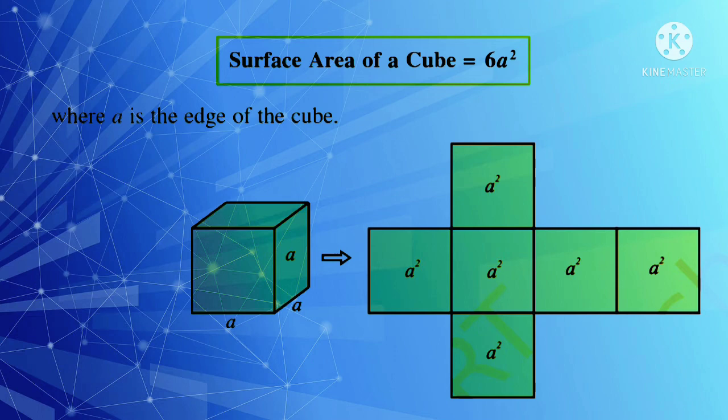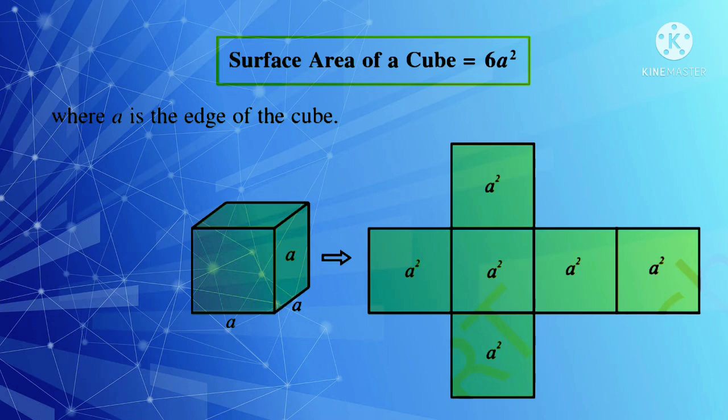Each face's area is side into side, a square. So if we consider the side as a, then we write 6a square. This is the formula of the surface area of a cube.